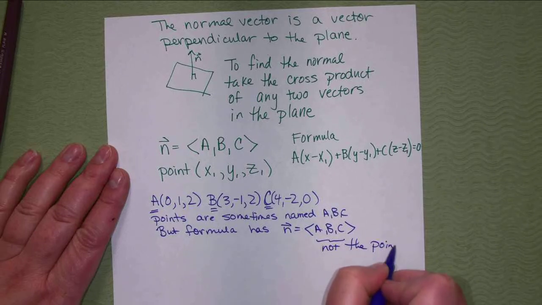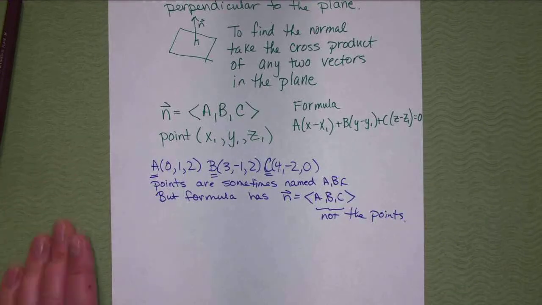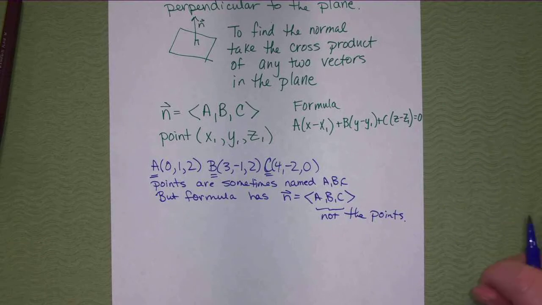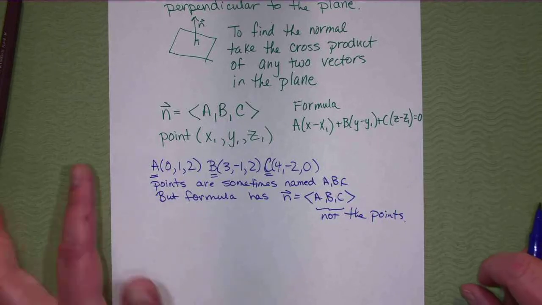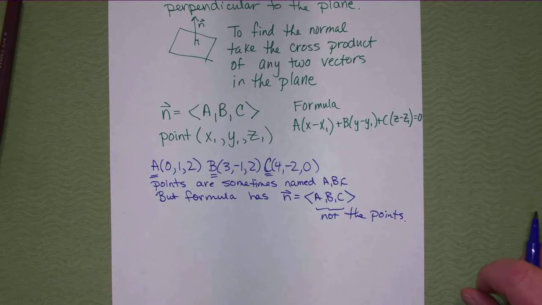Sometimes they'll write the points as P1, P2, and P3, point 1, point 2, point 3, which is less confusing, obviously. I just want to point that out, because for the normal vector they usually use capital letters ABC, but those are standard letters to use as points as well. So be careful of that.